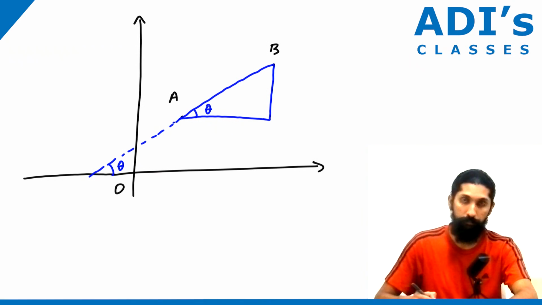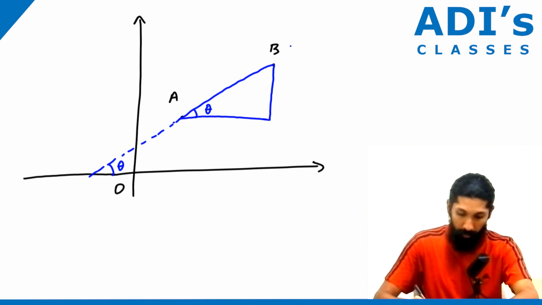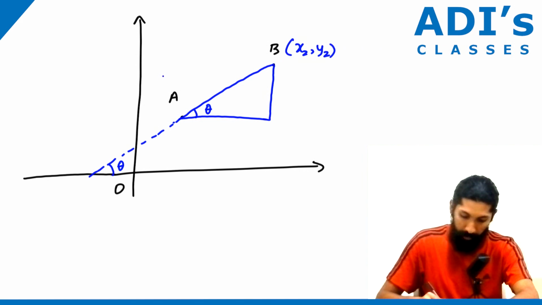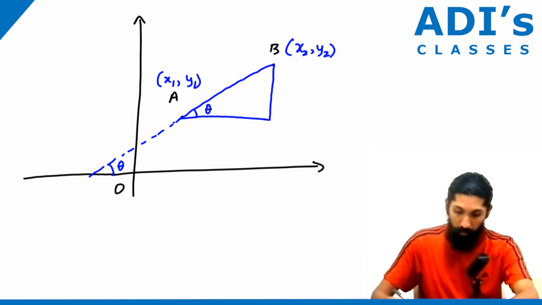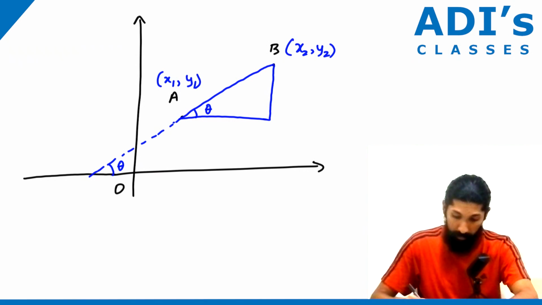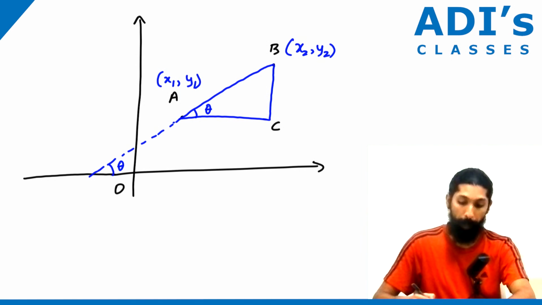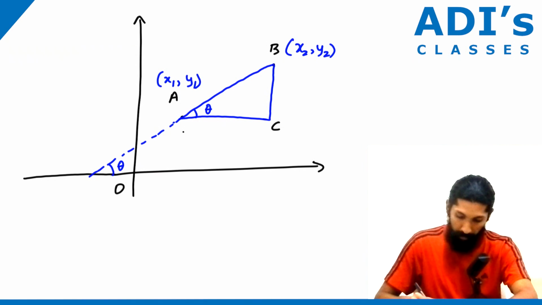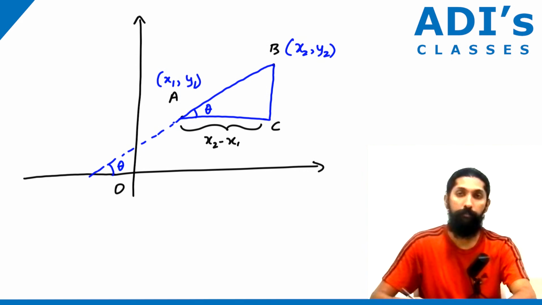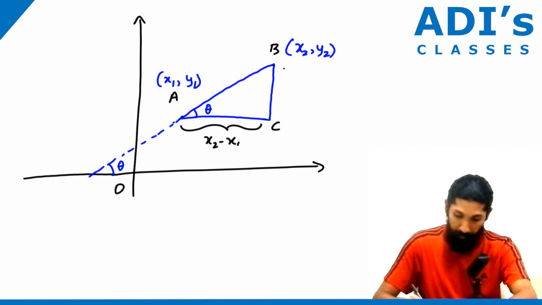Make sense? Now generally the B coordinate is (x2, y2) and the A coordinate is (x1, y1). Now suppose this point is C. What will be the AC distance? AC is going to become x2 minus x1. In the same way, BC becomes y2 minus y1.